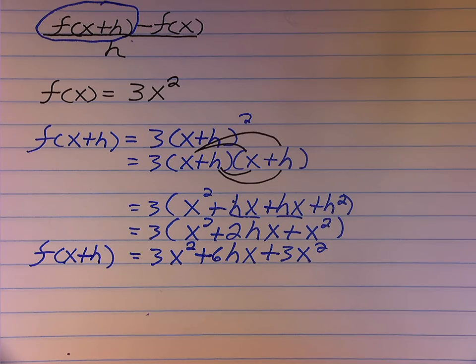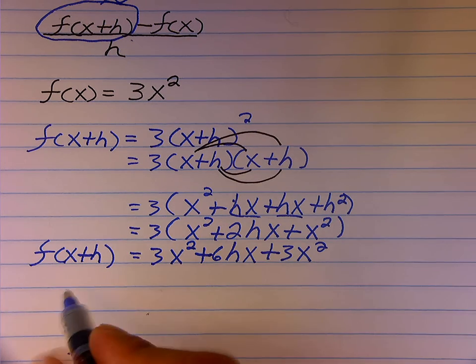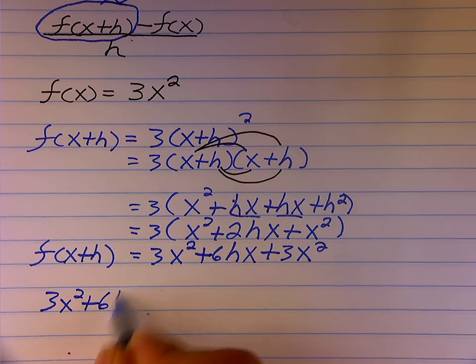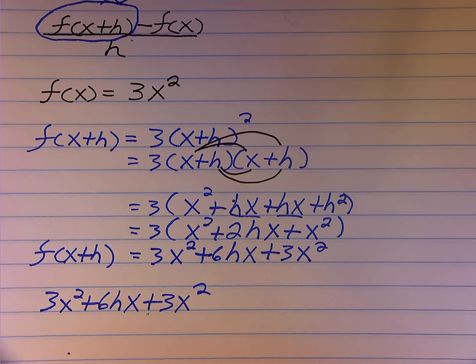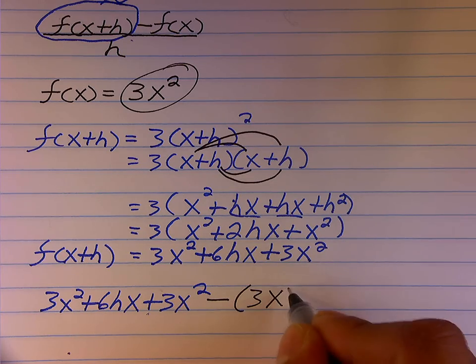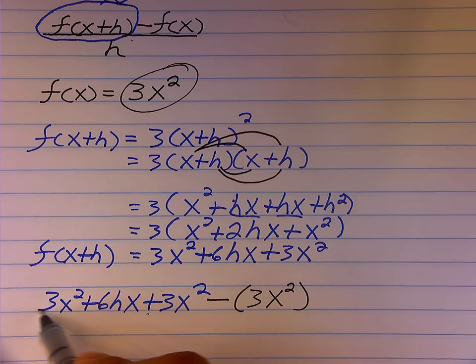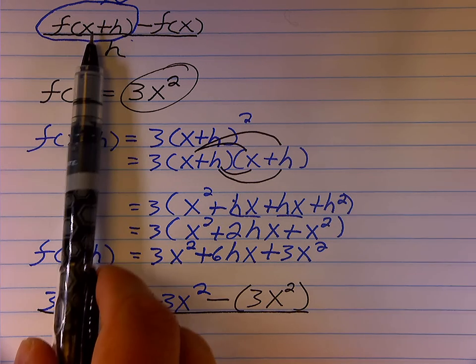So in my difference quotient, I'm going to start off with the f of x plus h, which is 3x squared plus 6hx plus 3h squared. And then I'm going to subtract f of x, and f of x is 3x squared, and I'm going to divide the whole thing by h.